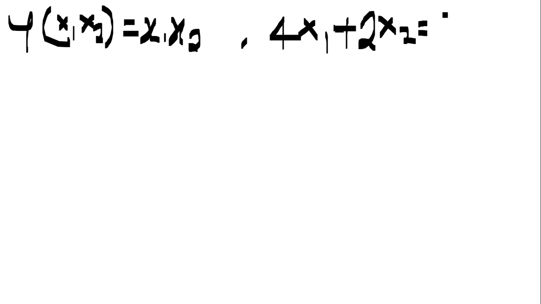Okay, so I gave them this simple question. I wanted them to maximize it. So let's try to solve it. We show them what they were supposed to do. All right. So we have two goods, x1 and x2, and this is the utility function.